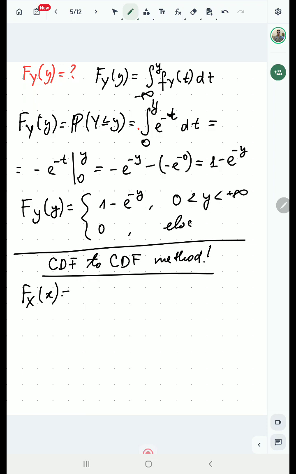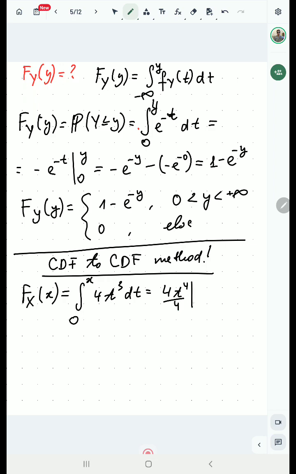So F of x is equal to the integral from 0 to some x of 4 times t cubed dt. If you evaluate that integral, that gives you 4 times t to the power 4 divided by 4, which is just t to the power 4.